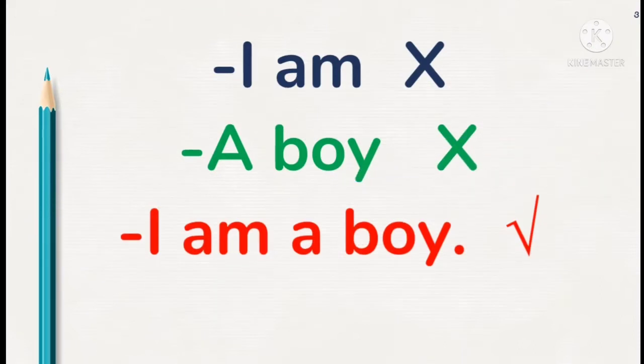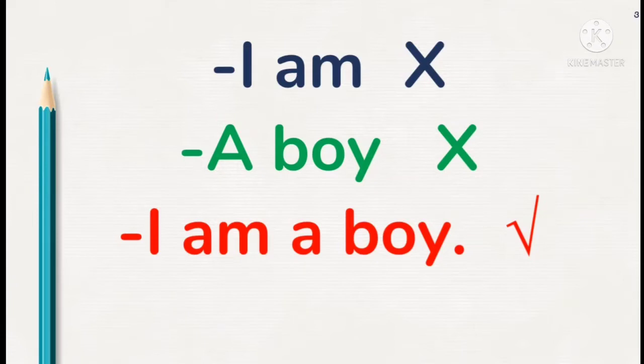Now, just see these slides carefully. What do you see? I am a boy. Does these sentences make any sense to you? No, they do not. These are incomplete. I am a boy.